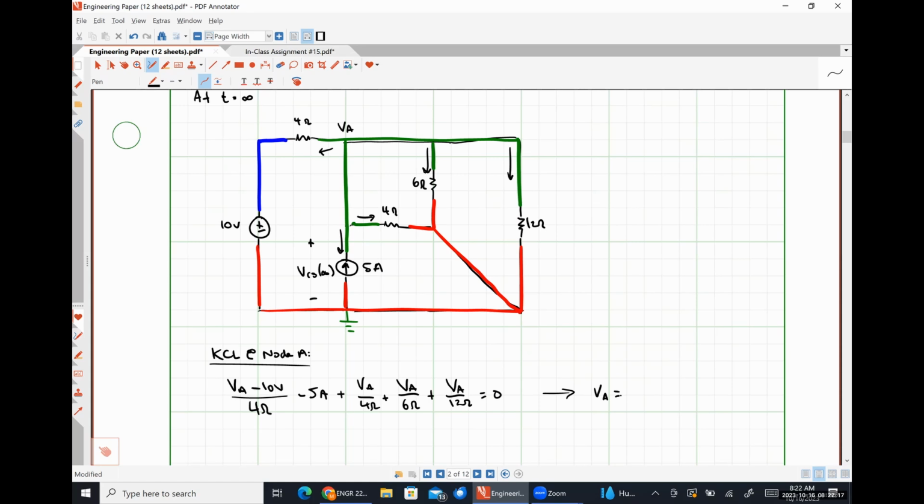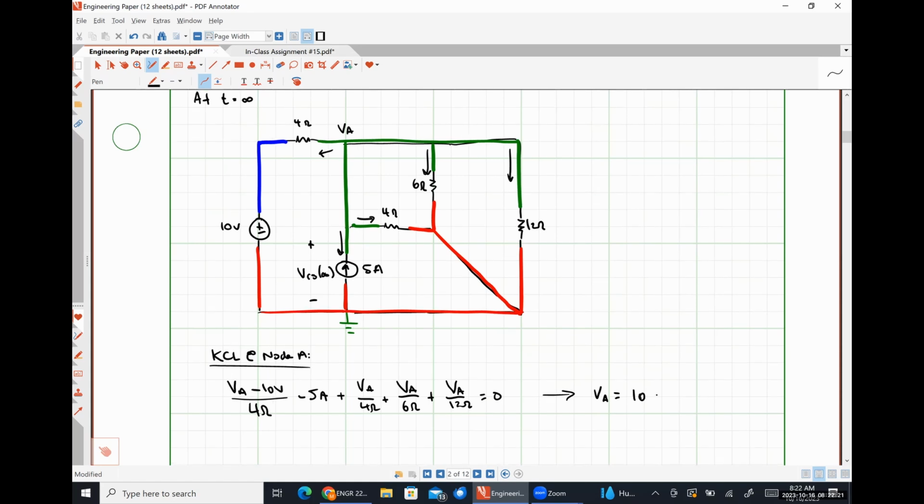Give me just a second and I will explain how I would solve for the IL. So I got VA to be equal to 10 volts here. All right. So if I had wanted IL, which would have been this current here, let's call it IL at infinity. Using Kirchhoff's current law at this node, we could see that IL would just be the current flowing from left to right through the 4 ohm resistor plus the current flowing down through the 6 ohm resistor.